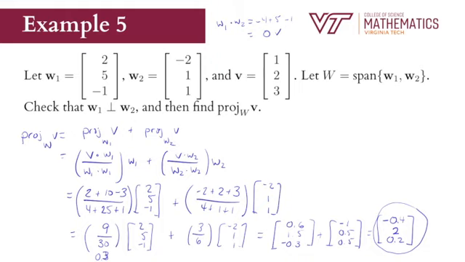So just looking ahead, we now have a procedure that's not super complicated to project a vector onto a subspace, as long as the basis for that subspace is orthogonal. What we're going to look at in the next group of slides is, what if the basis is not orthogonal? Can we still do this?